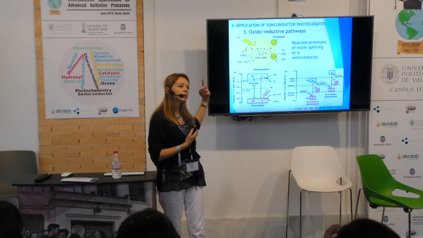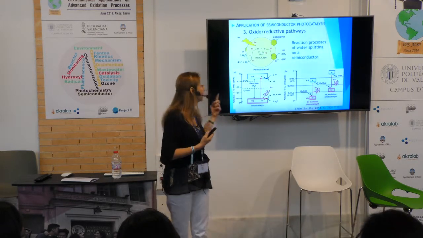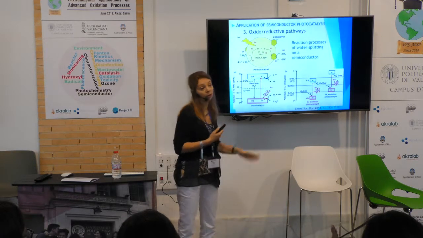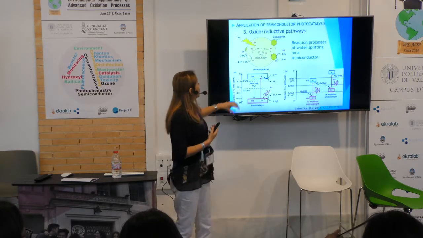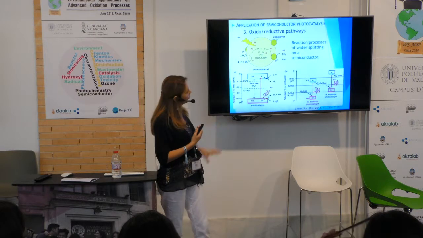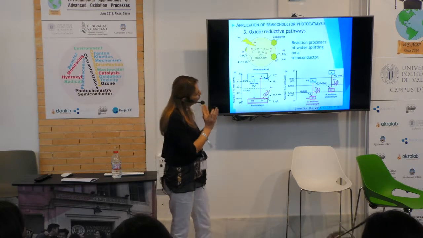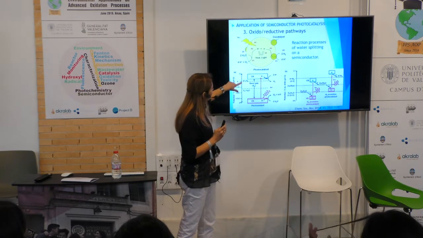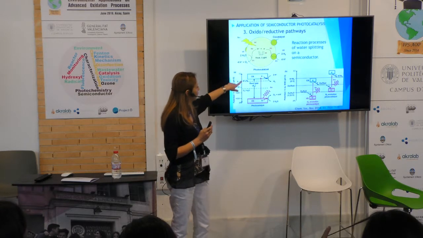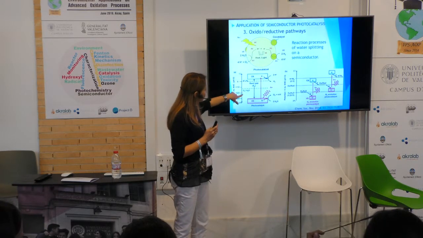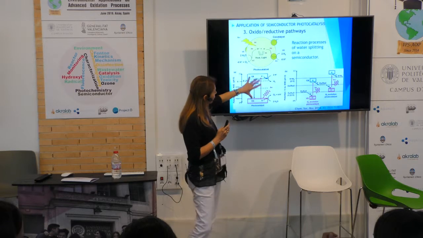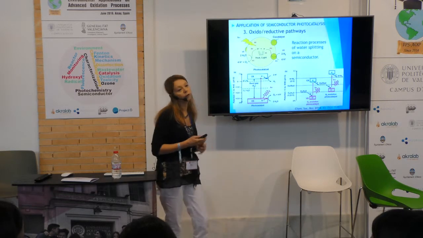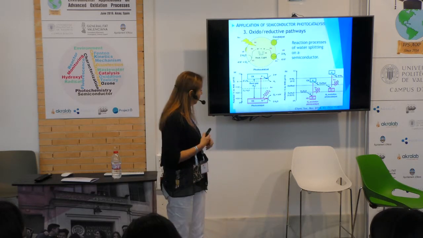The first example of this reaction occurred using a single semiconductor. What is important to be able to obtain this double reaction is the fact that both the hydrogen and oxygen production potentials need to be in the middle of the energy gap of our semiconductor.